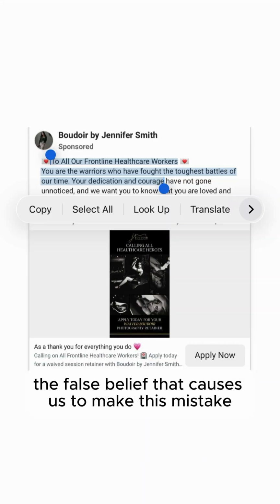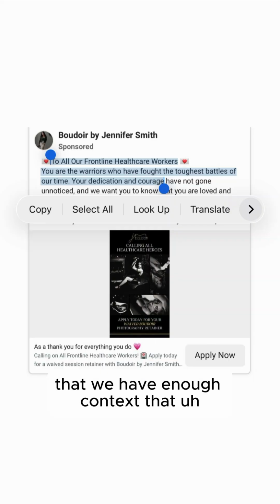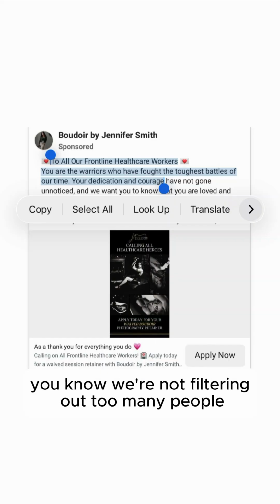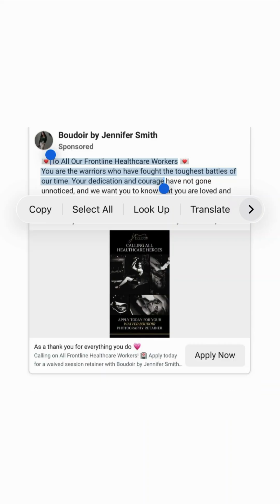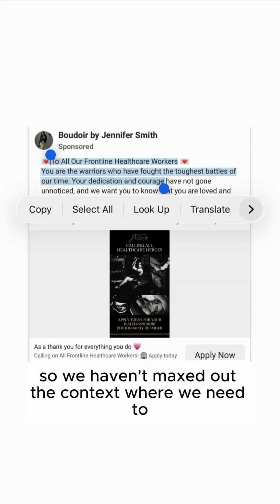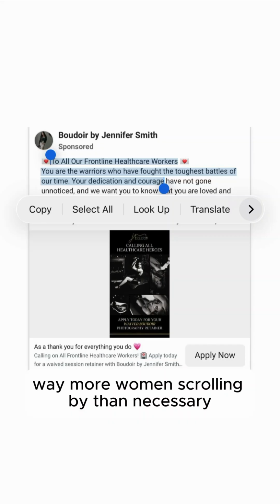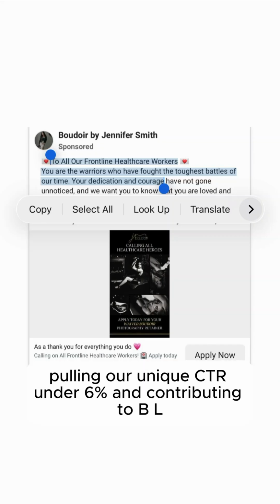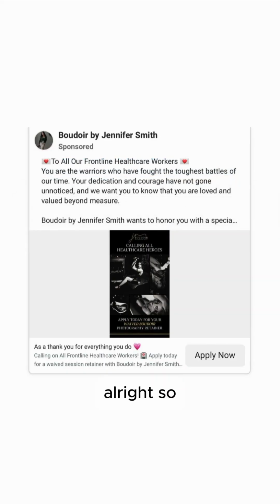The false belief that causes us to make this mistake is that we believe that we have enough context that we're not filtering out too many people from clicking into our ad, but in fact, the less context we have, actually, the fewer people will be clicking into our ad up to a point. So we haven't maxed out the context where we need to get more women clicking in, which means we have way more women scrolling by than necessary, pulling our unique CTR under 6% and contributing to BLCS, aka Boudoir low click syndrome.